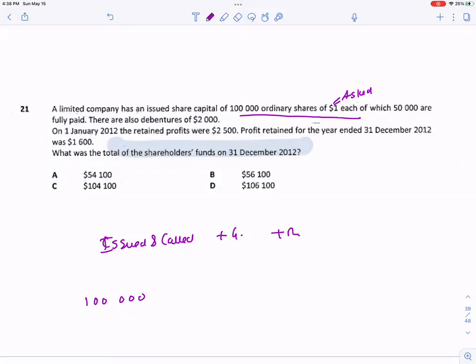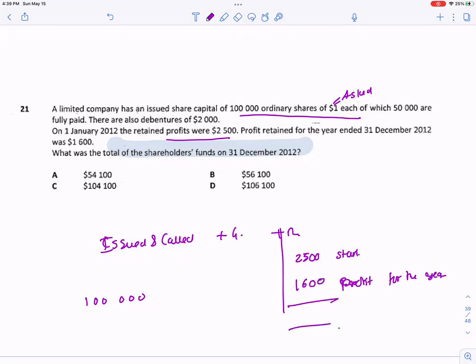What is the retained profits? Retained profits has 2,500 at the start, and also you have earned during the year. What is the profit for the year? 1600.